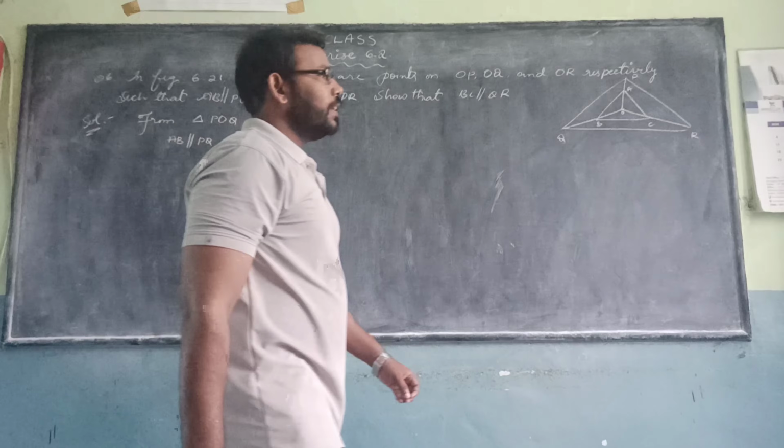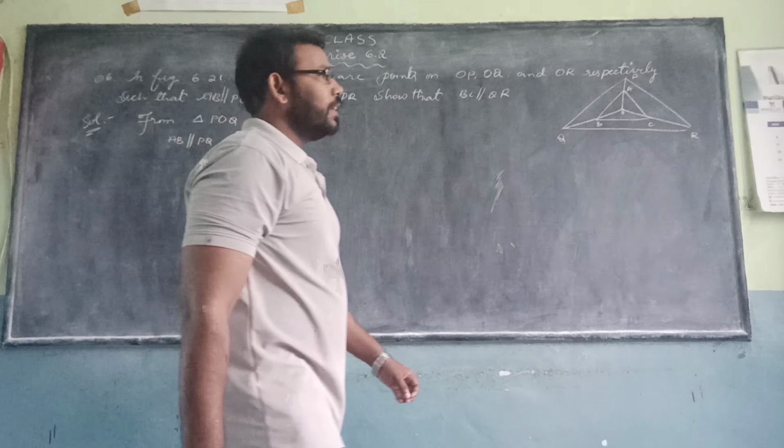So here, if you observe the figure, PQR is a triangle, and ABC is also a triangle in it. So clearly, A, B, C are the points on OP, OQ and OR.